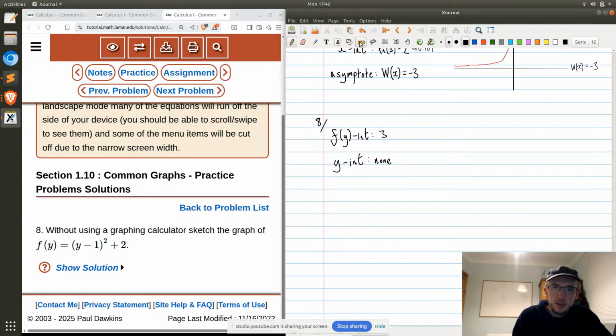And I'm just going to graph it. One to the left, no, 1 to the right, actually, and 2 units up.